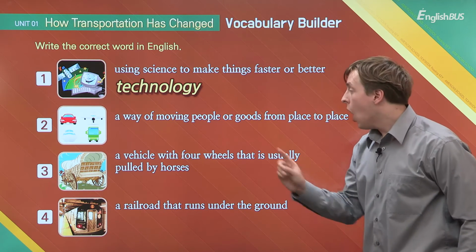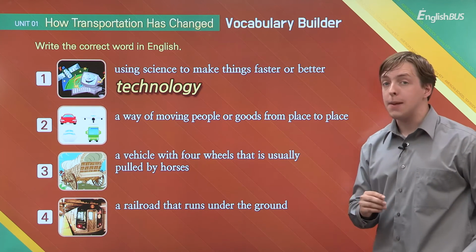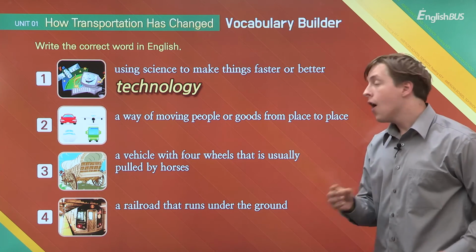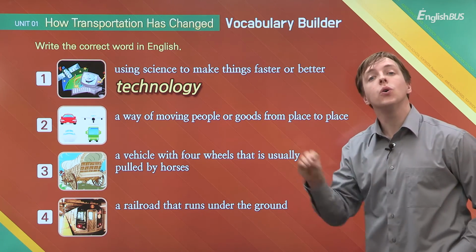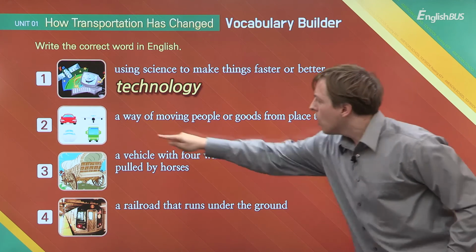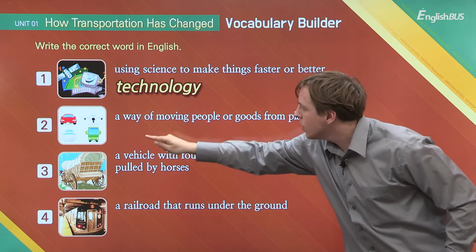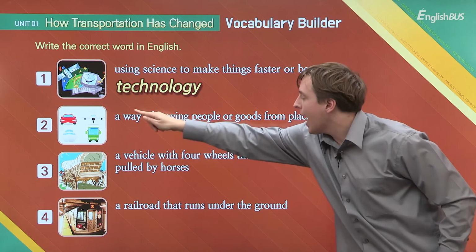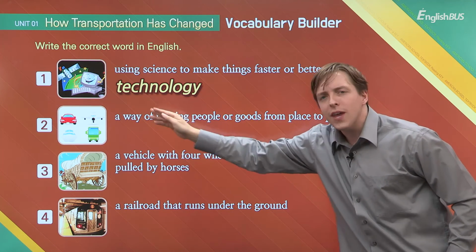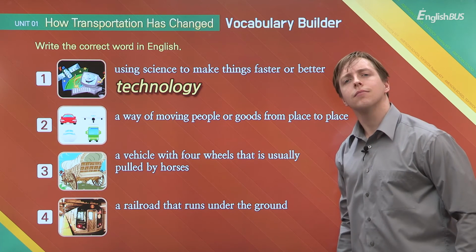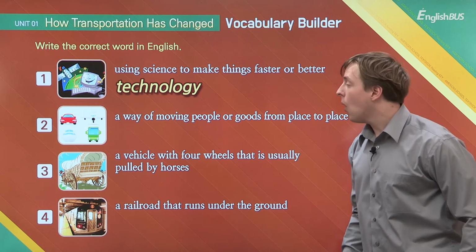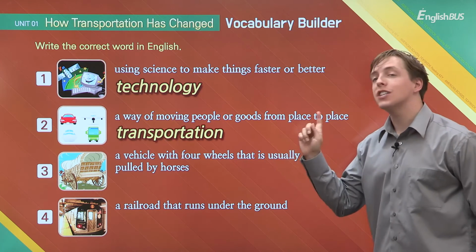Number 2, a way of moving people or goods from place to place. So from one place to another. All of these here, cars, trucks, ships, airplanes, all of these are what? What word is this? Great work. These are all forms of transportation.